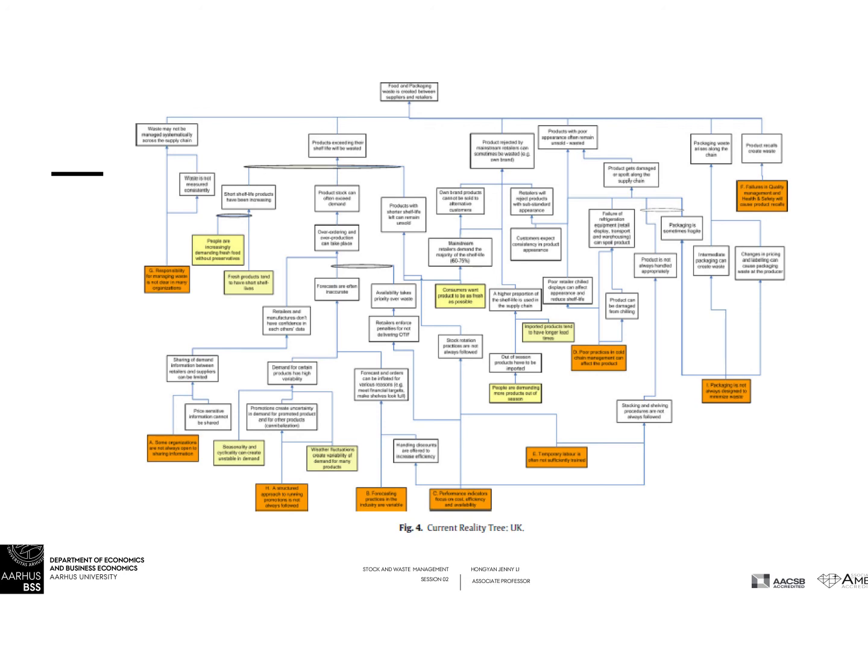For example, B is forecasting, I is packaging, and F is quality management.